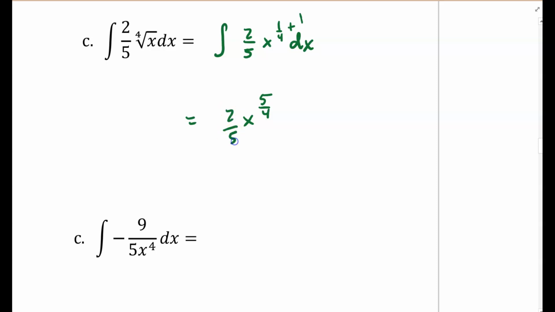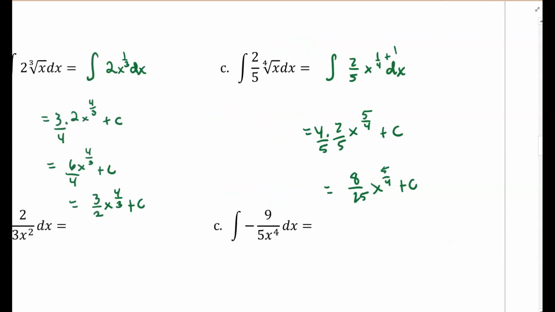Okay, 2/5, and I'm going to divide by my new power of 5/4, which is multiplying by 4/5, and I'm going to have a constant here. So we should have gotten 8/25 x to the power of 5/4 plus a constant. Okay, did you get it? Good, good. Okay. All right, let's go ahead.